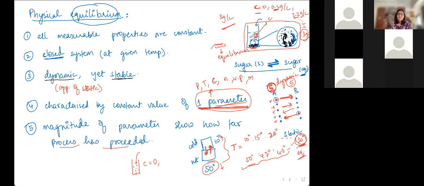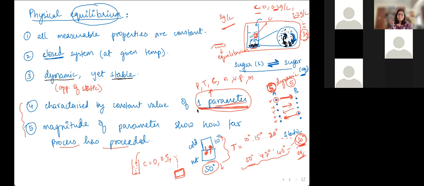Yeah, these are random values that I took, but it's going to depend on how much sugar I put in, right? Then if I add some more, what will this number become? It'll increase. It'll keep on increasing until I hit that point of saturation, at which time it is going to be constant. So that's what these two points are explaining.